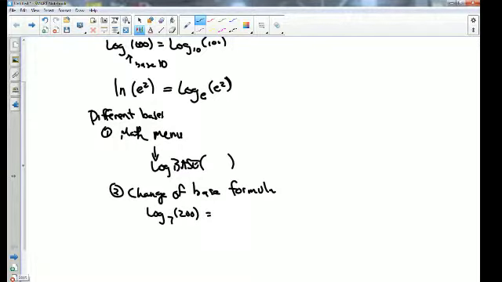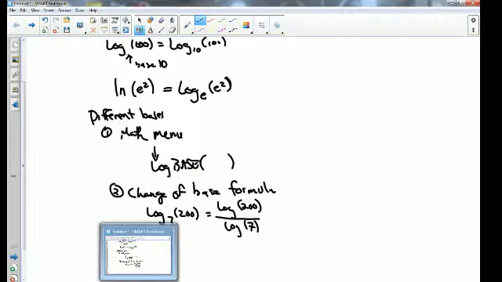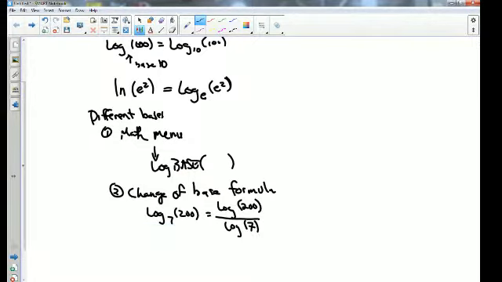Let's write it in log base 10. It's log 200 over log 7. What base is that? Base 10. So if you type that in your calculator, or use the math menu, you'll get the same answer. So that's called the change of base formula.